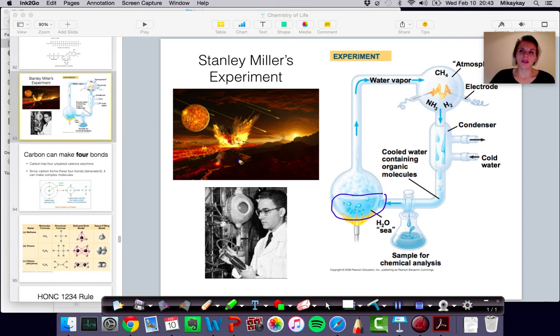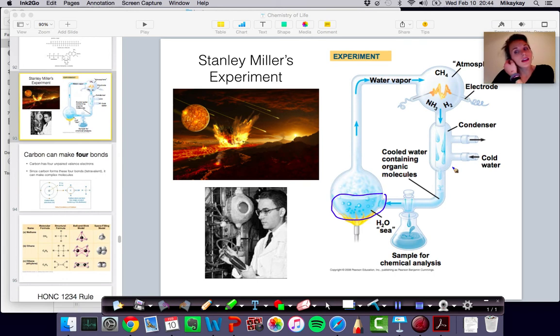Maybe there were some; the elements were there, but they weren't in these molecules. And so he did an experiment to see whether he would be able to recreate the same kinds of conditions that were in the aquatic environments when the Earth started, and see if he could figure out how those molecules came about.